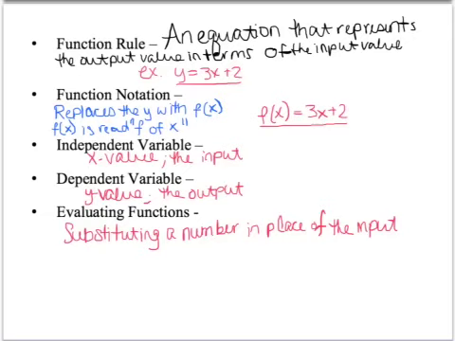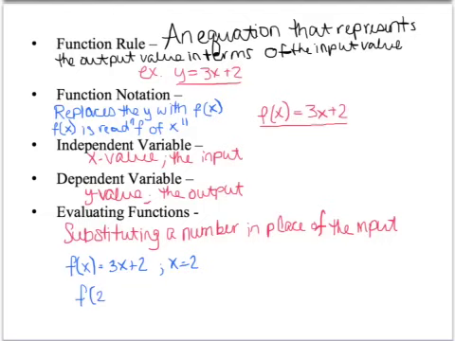So let's do an example. Using our function rule, f of x equals 3x plus 2, let's evaluate it for when x equals 2. What that means is, if 2 is my input, I want to know what my output is going to be. So think of this as like a little machine.